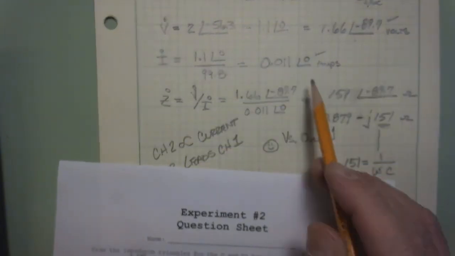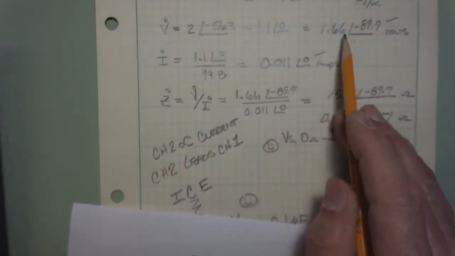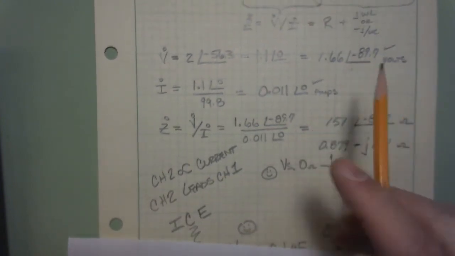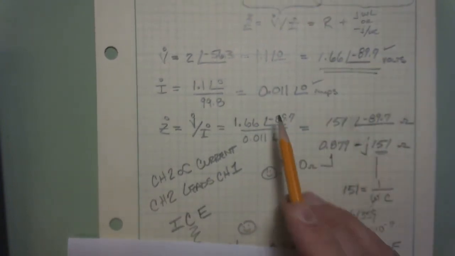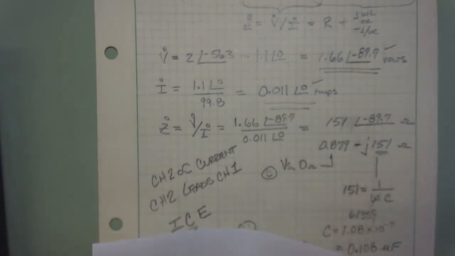Draw phasor diagrams for the current through C and R3 branch and the voltage across it. Well, we should be able to do that. That's why I tried to document this. There is our voltage right there. And here is our current. So let's see what that looks like.